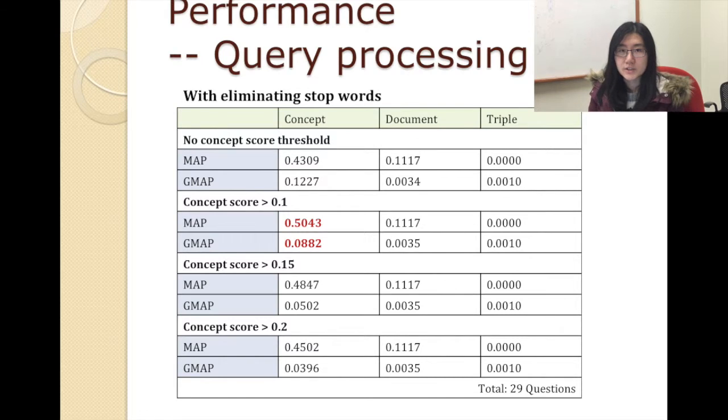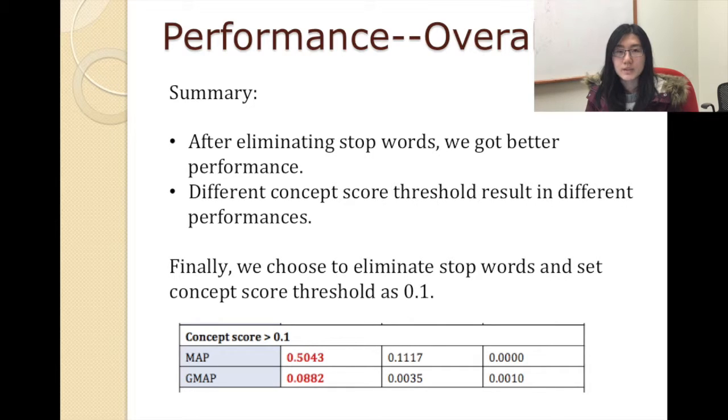From these two figures, you can see that the performance in the second one has been improved, both in concept and the documents. After summarizing the performance, we decide to eliminate stopwords and choose the threshold as 0.1, and this is the figure of our final performance.